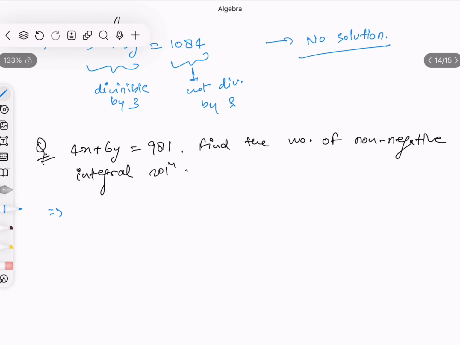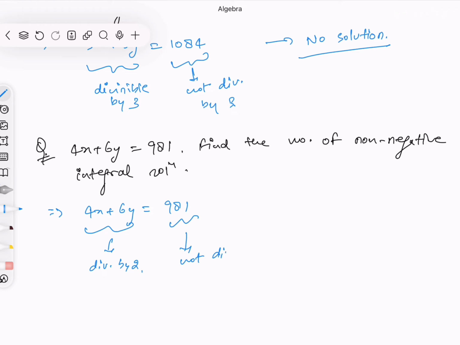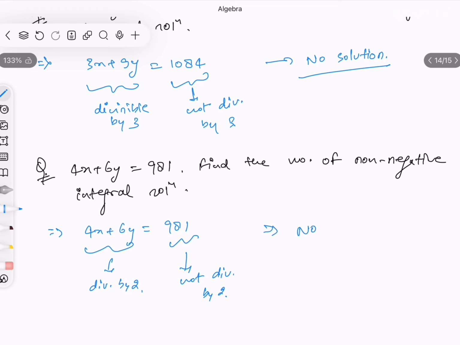Again, same thing. 4x plus 6y equals 981. Here you see this is divisible by 2. This is not divisible by 2. So again, no solution.